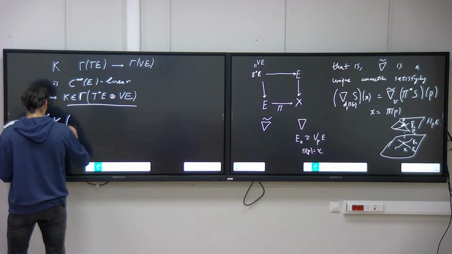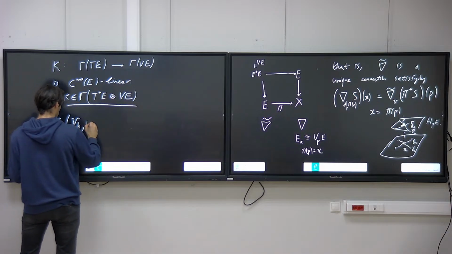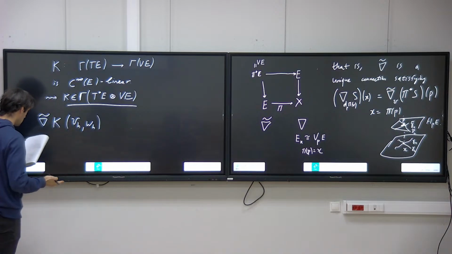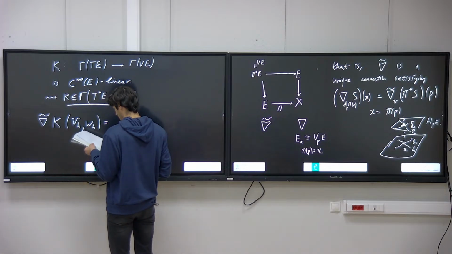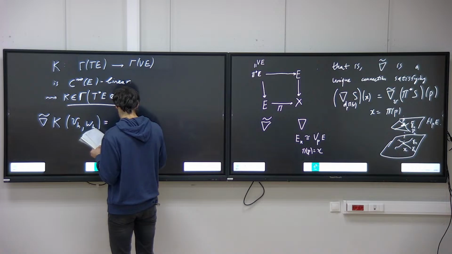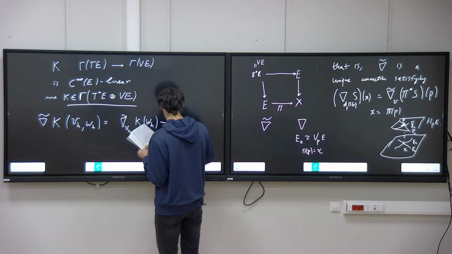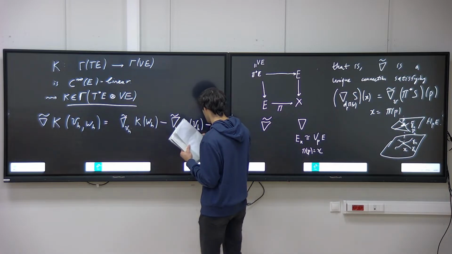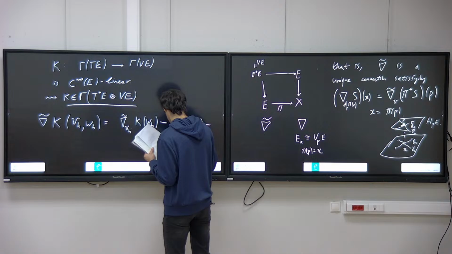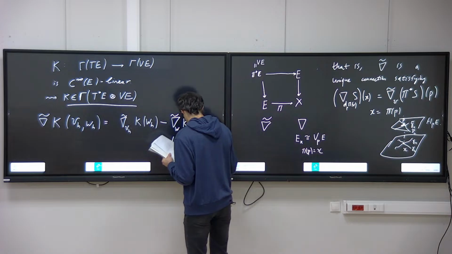Nabla tilde K. So it hits two vectors which I would like to be already horizontal lifts of something from X. This is, by this claim, it is just nabla tilde VH of K of WH minus nabla tilde WH K of VH and minus K of the commutator VH with WH.